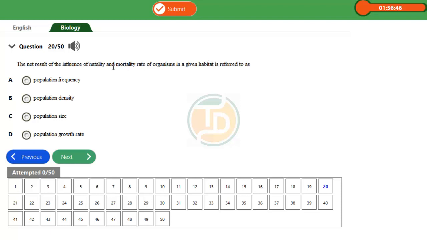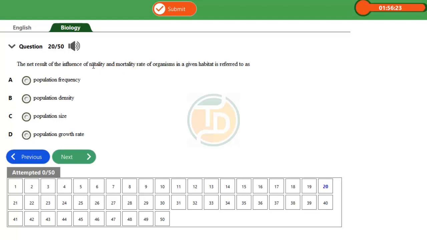So the question is asking you about natality. The word natality here means the rate at which organisms are being born or produced. That's natality. And mortality is the rate at which organisms are dying. So organisms die and organisms are born.